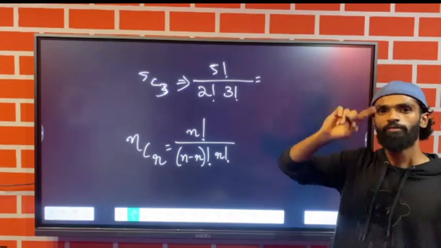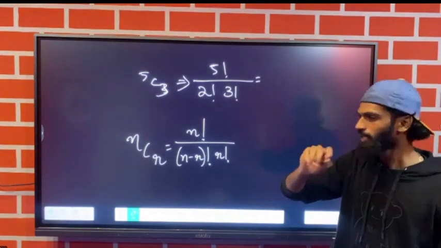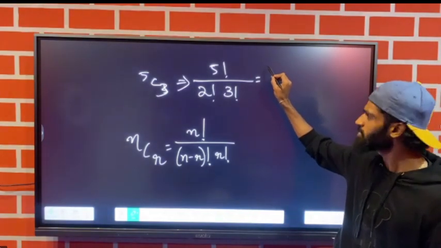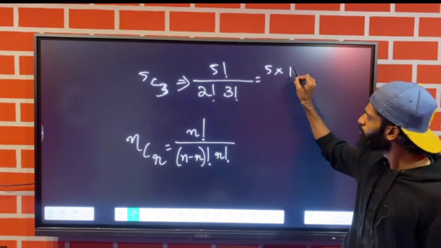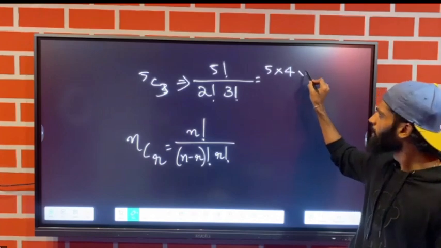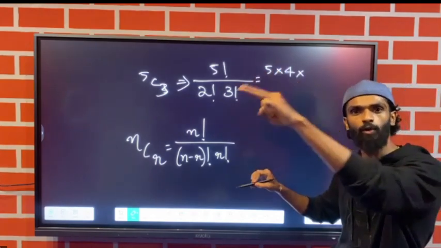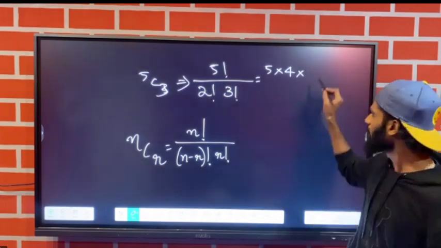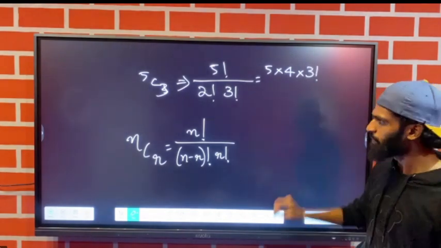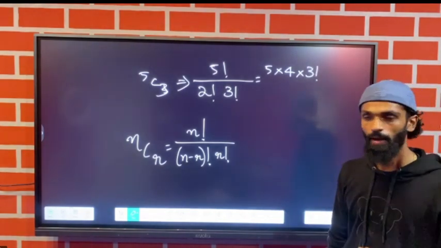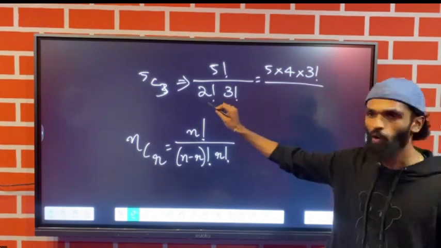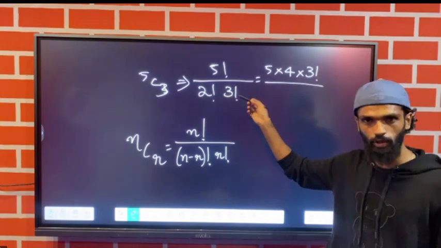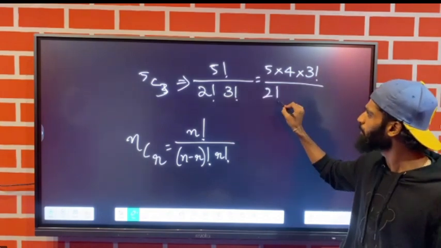I have no time to write 5 into 4 into 3 into 2 into 1, so I'll write 5 factorial as 5 into 4 into 3 factorial, compressing 3 into 2 into 1. Obviously one question is in your mind: why? Because in the denominator, there is already 3 factorial, so I'll be able to cancel them directly.